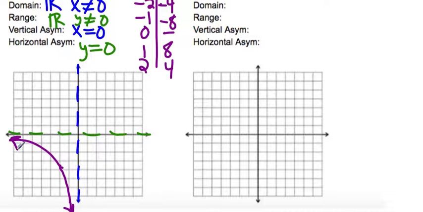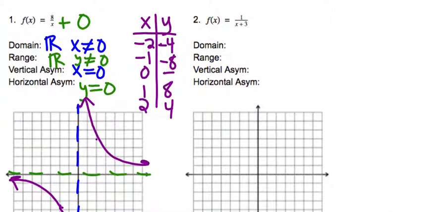And we have 1, 8, 2, 4. So again, it's getting closer and closer this way and this way. And you'll notice the effect that the 8 had on it, as opposed to the graph that we did in the front, is these graphs are a little bit further away from the origin than the ones on the front page were.